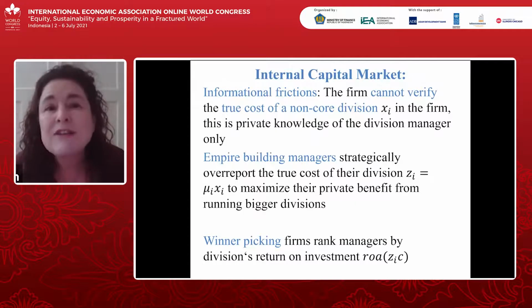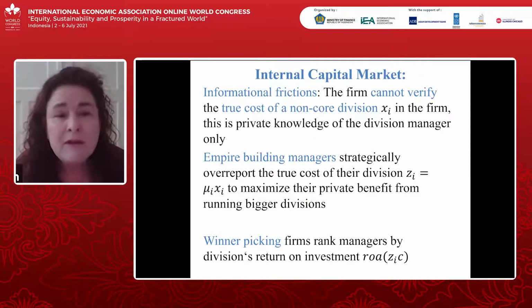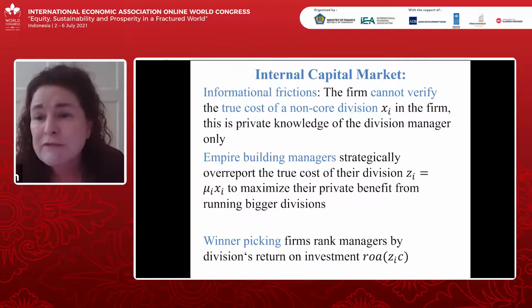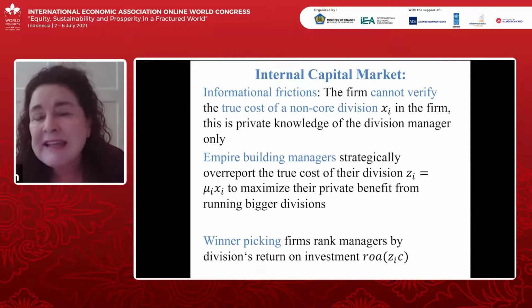So now, how is the internal capital market in these firms organized? We are assuming an informational friction. The firm cannot verify the true cost of a non-core division, x_i, in a firm. This is private knowledge of the division manager only. So only the division manager knows his ability of running the division with certain costs.